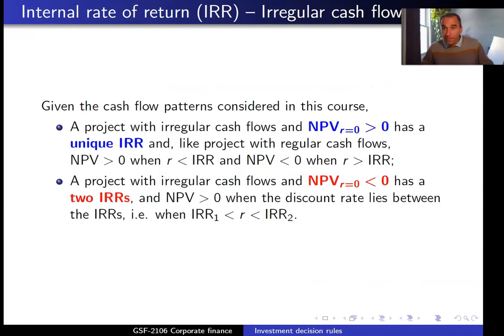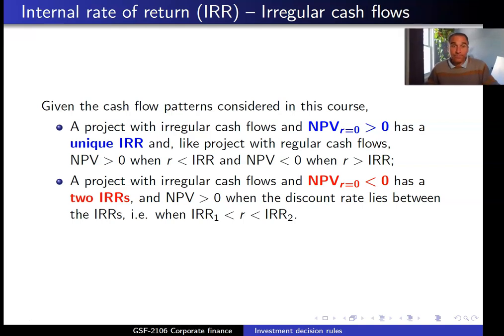So we summarize this result here. If the project with irregular cash flows is such that its NPV is positive when the interest rate is 0, then this project has a unique internal rate of return. But if the NPV when the interest rate is equal to 0 is negative, then the project will have two internal rates of return, assuming that there are rates of return at which the net present value is positive.